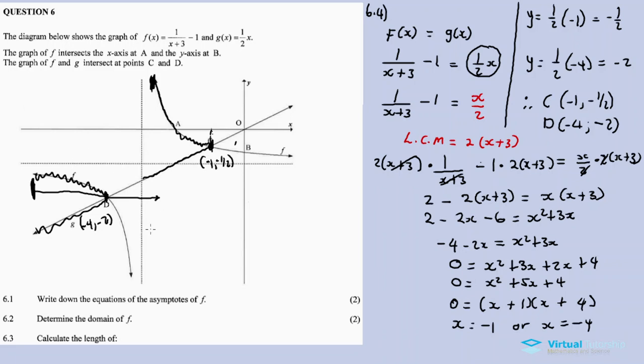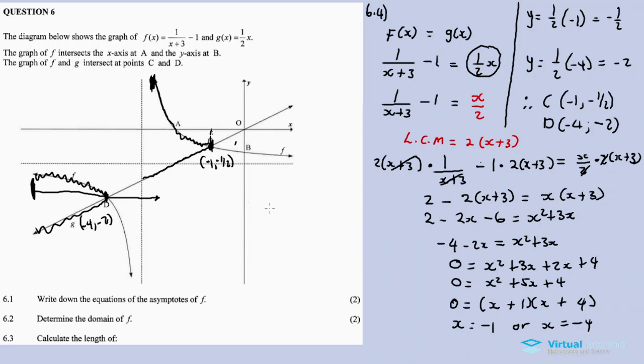Now look. Here f is above and g is below. It is from where? Our graph extends here to negative infinity, as well as this one here to negative infinity along the x-axis.